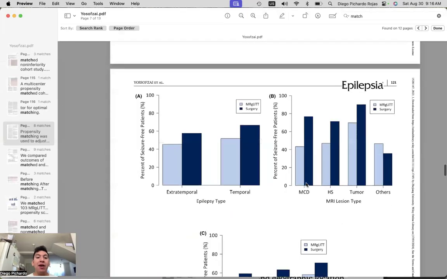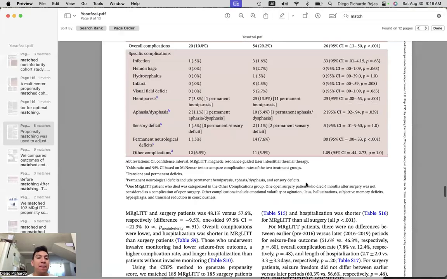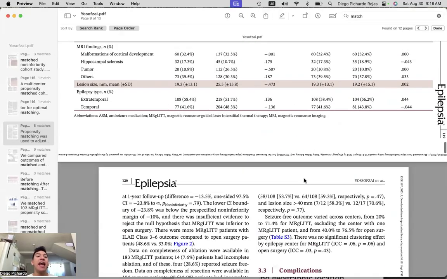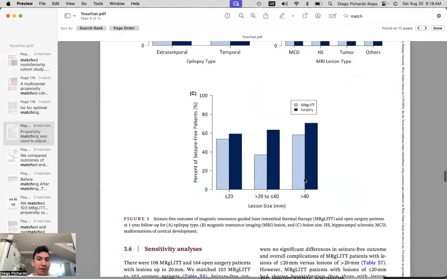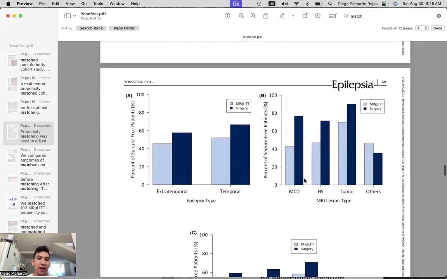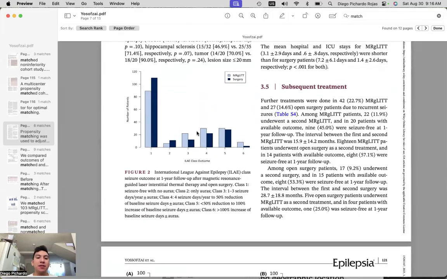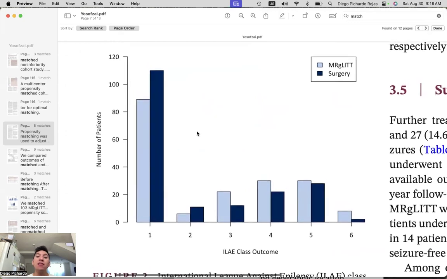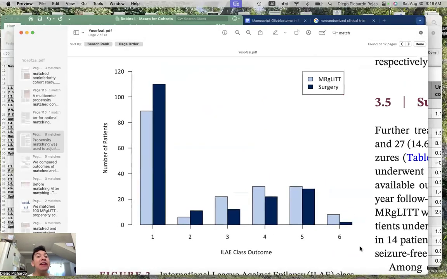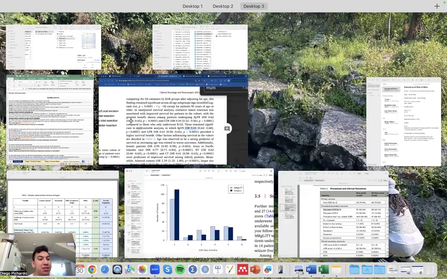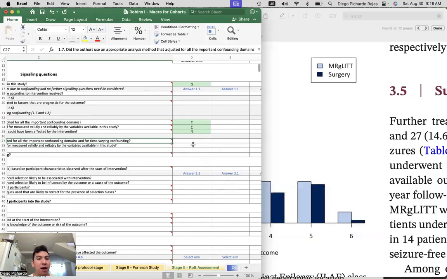Yes, it could have. But in this study they used the Engel classification, which means that seizure outcomes were evaluated at 1 year. So all of the seizure outcomes were evaluated at a similar time point. In this case, we're going to put no, there's probably no risk of bias.